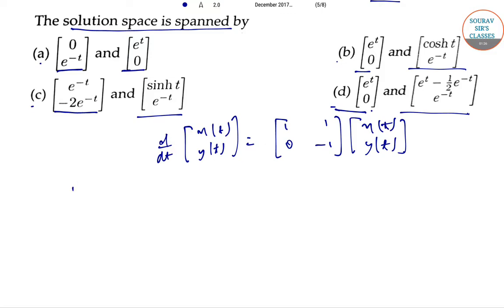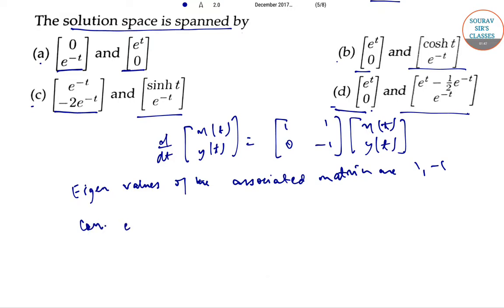Thus the eigenvalues of the associated matrix are 1 and -1.